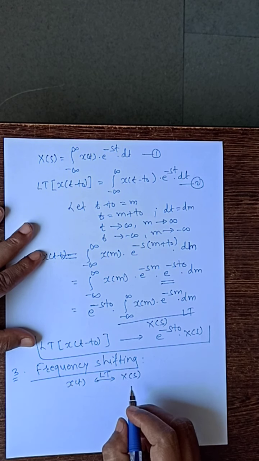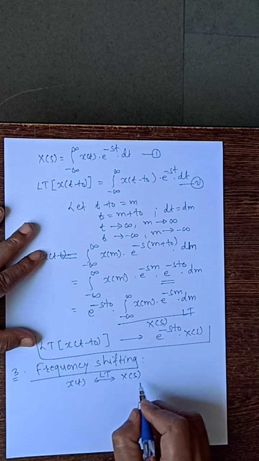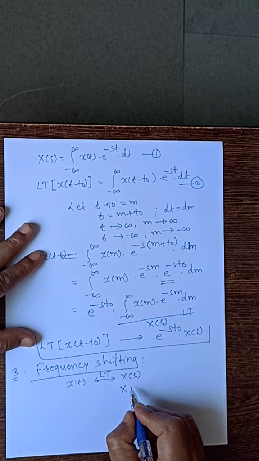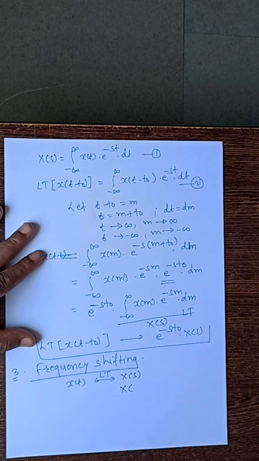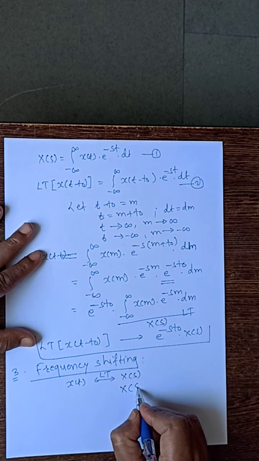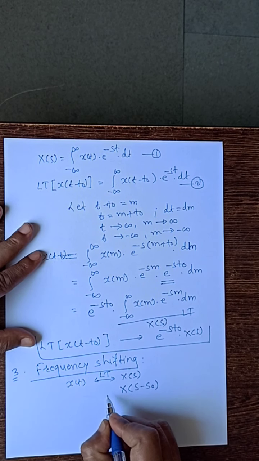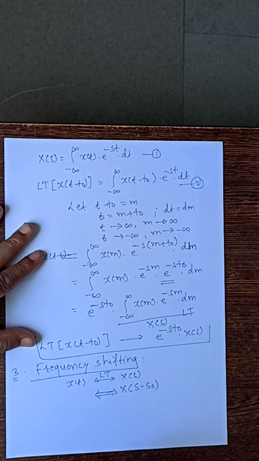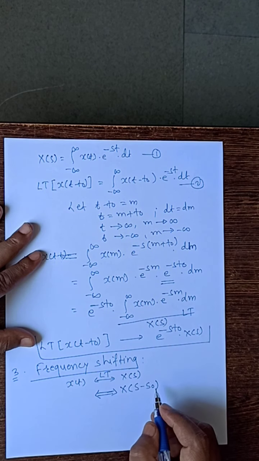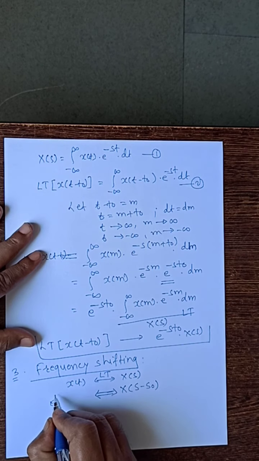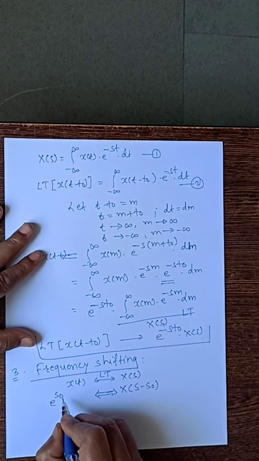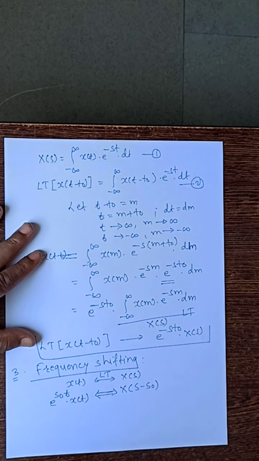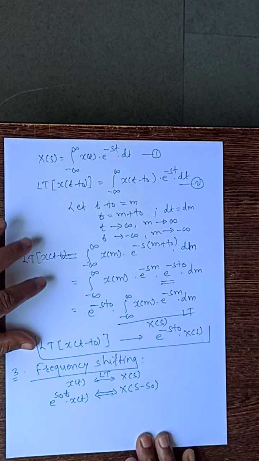Then if you shift the frequency in the frequency domain by s0 amount, suppose X(s - s0), what is its effect in the time domain? It will be multiplied in the time domain by e^(s0 t) into x(t). So we'll prove this property as follows.